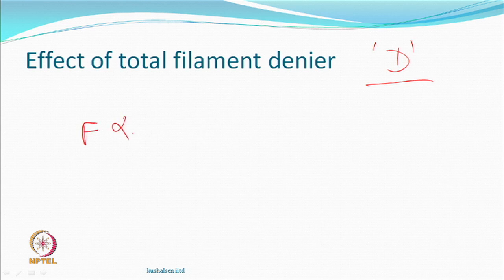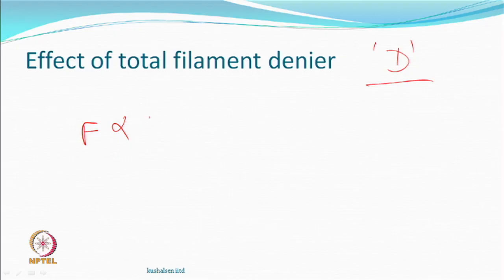If I increase the total denier of the yarn, what do we expect? The force resistance to go high, right? So, you expect that if you increase the total denier, the force will also increase. This is what we mean, right?